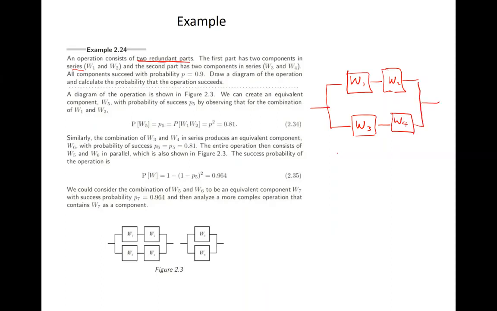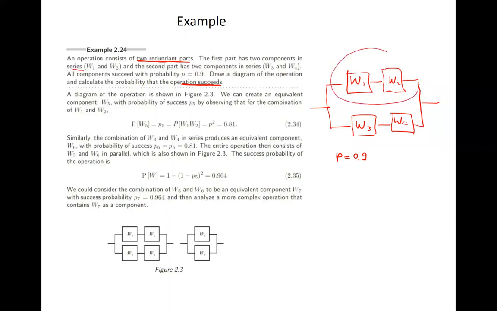And the success probability is given as 0.9. Draw a diagram of the operation and calculate the probability that the operation succeeds. So to find the probability that the operation succeeds, we can obtain an equivalent of this.